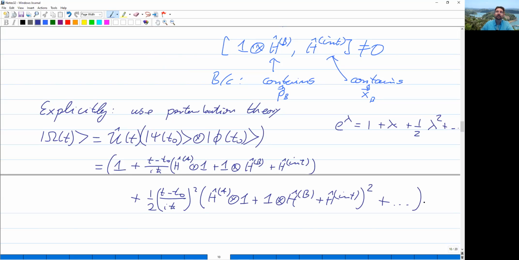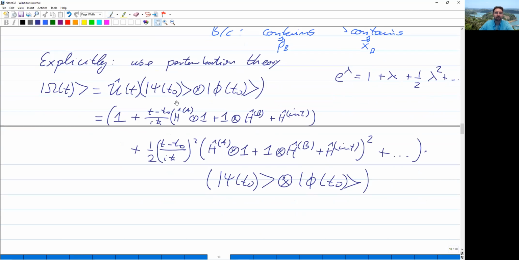So this is how the time evolution starts out. I'm not yet done because I've only expanded the Taylor expansion of the time evolution operator. We still have to apply all of this onto our state, namely psi of t naught tensor phi of t naught.